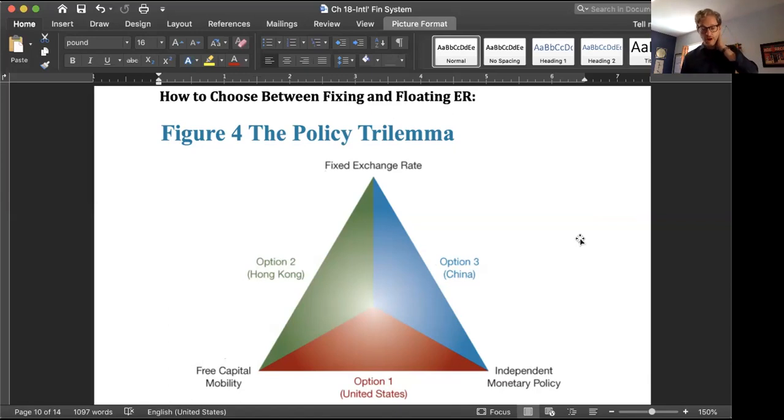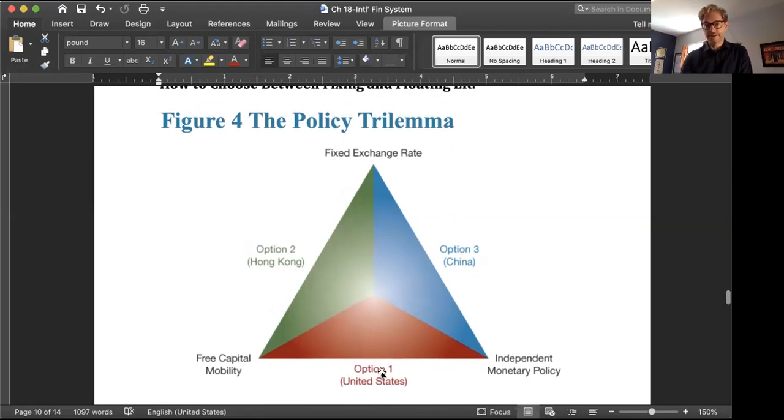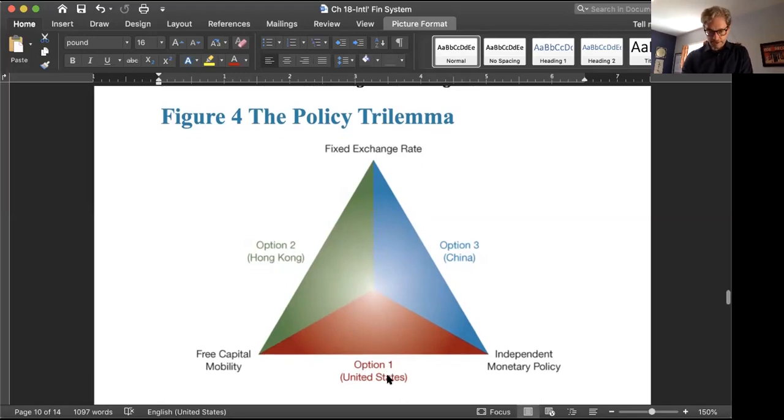Okay, so let's talk about three examples here of different countries that have picked different sides of the triangle. The first side here, we'll call this the United States, right? Or maybe a better example would be Europe, for reasons I'm going to talk about in a minute. But we'll use the book's example of the United States.